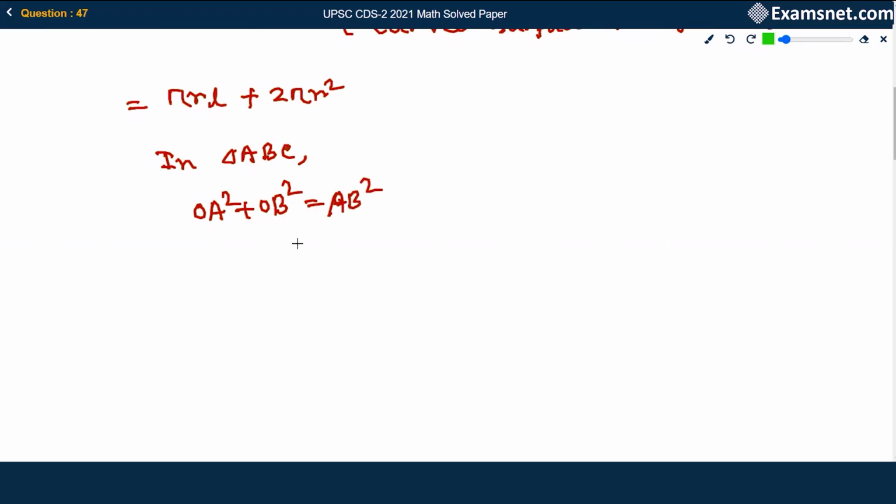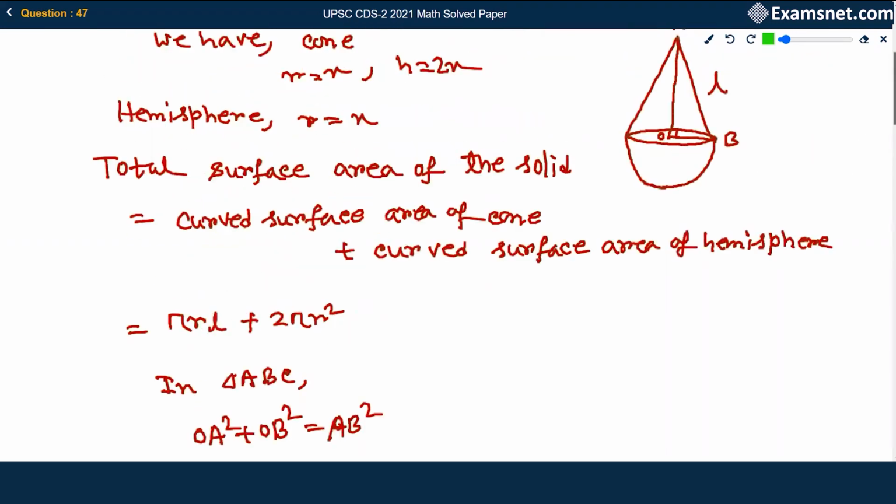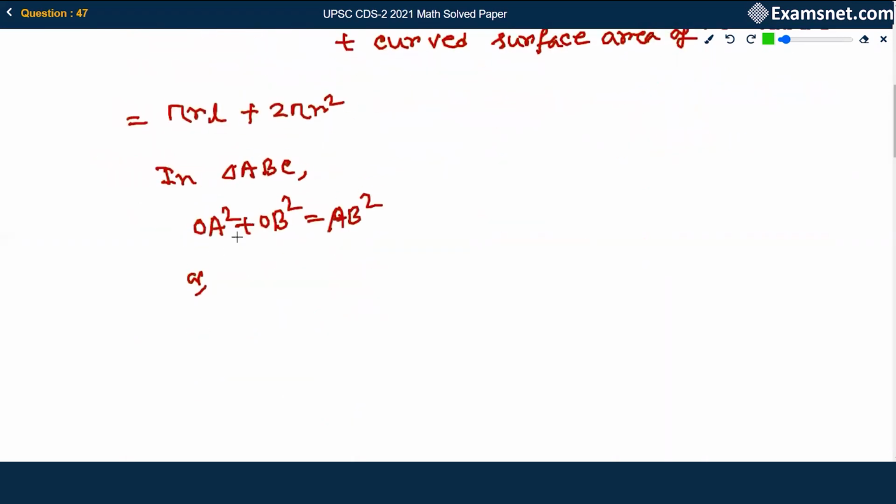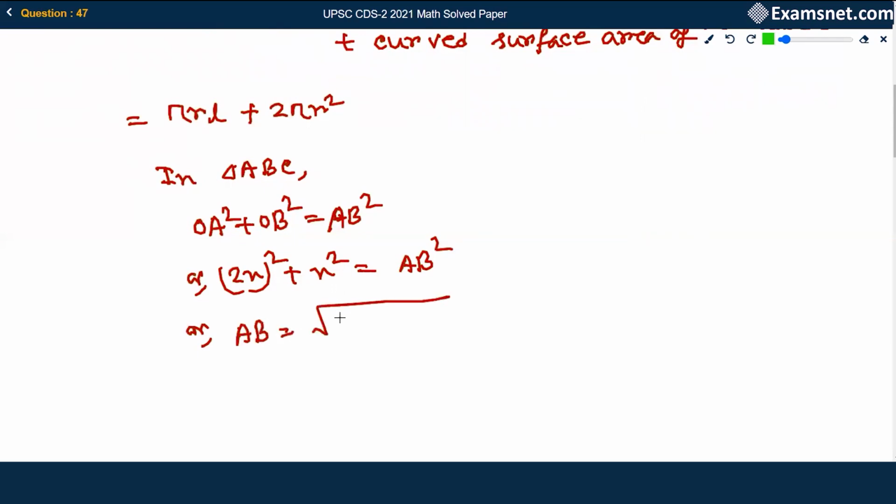OA is the height, that is 2x whole square, plus x whole square equals AB square. So we can easily write AB equals root under 4x square plus x square, that is root 5 x. Let's name it equation number 2, and the earlier one is equation number 1.